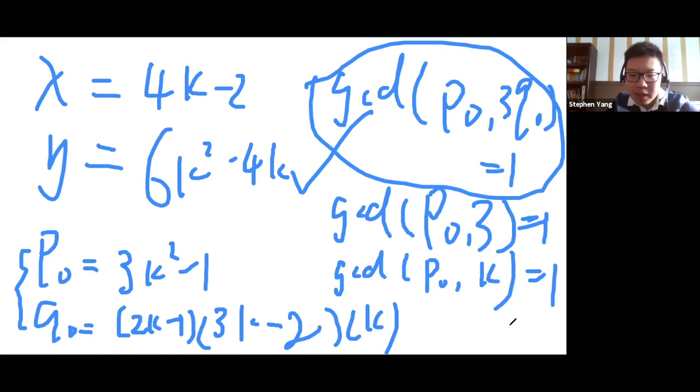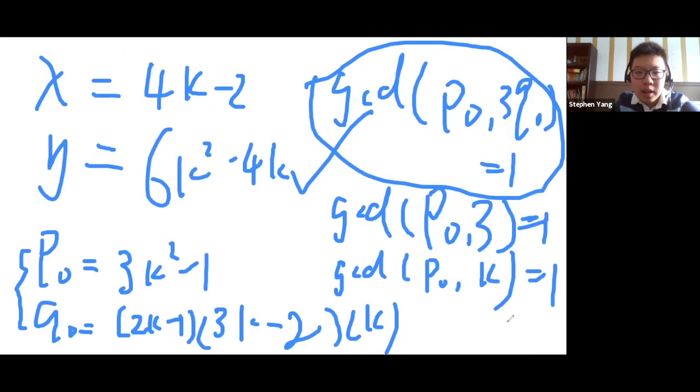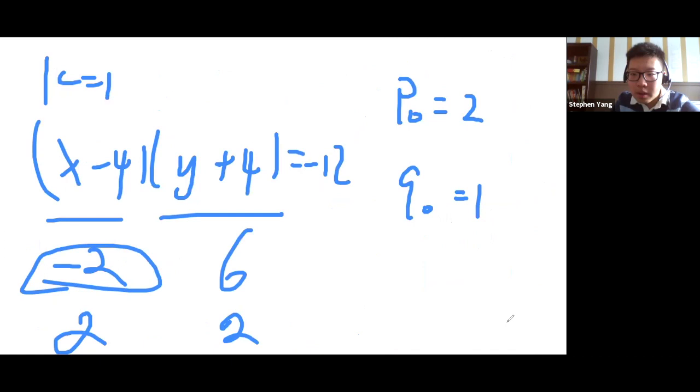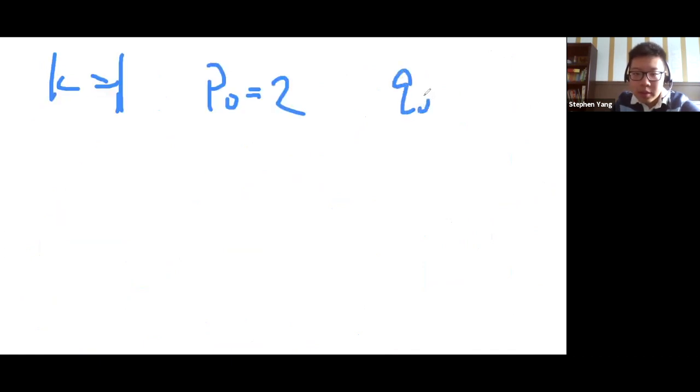Okay, so we could plug in a few numbers if you want. When k is equal to 1, we already found that P0 is equal to 2 and Q0 is equal to 1. And this means that P is equal to 6 and Q is equal to 9.